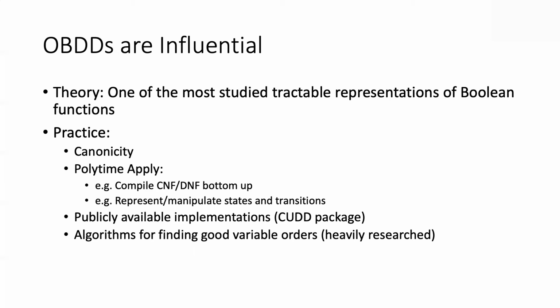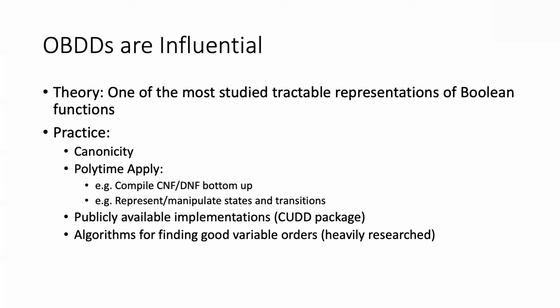OBDDs have been very popular in certain areas of computer science, like formal verification, where they're used to represent states and manipulate them. Depending on time, we may talk about this application later. And they've been also supported by some very well-optimized software systems that are available publicly. CUDD is actually a very famous package, probably the number one package for doing OBDDs.